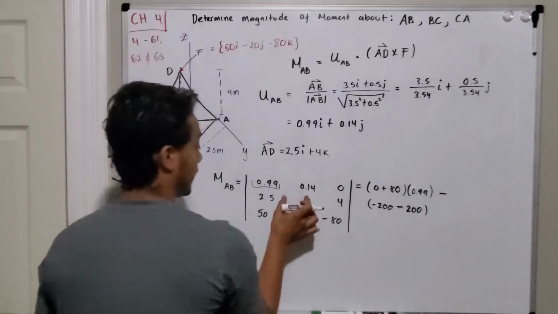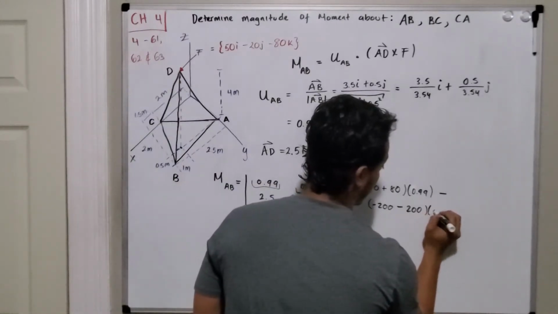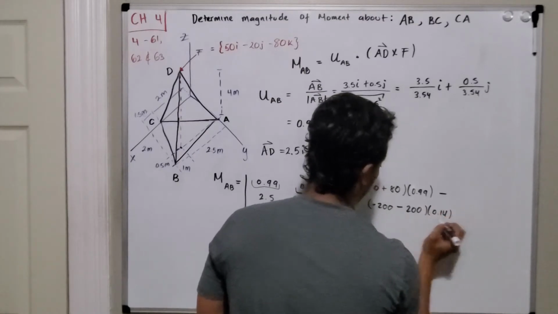And then we multiply by the amount that we have for our axis, which is 0.14. Okay?